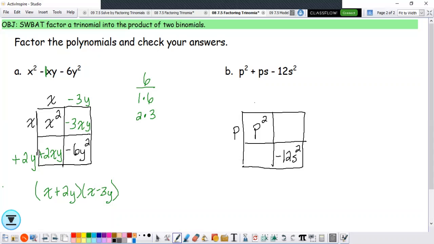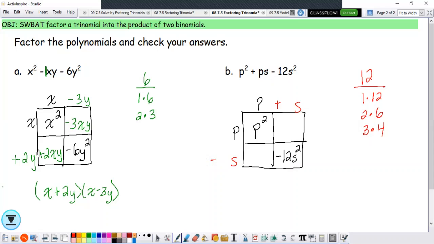Well, p times p will give us the p squared, and to get s squared, we know we will need s times s. We also see that that 12 is a negative, so we will need one of them to be positive, one of them will be negative. And factor pairs of 12 are 1 times 12, 2 times 6, 3 times 4.